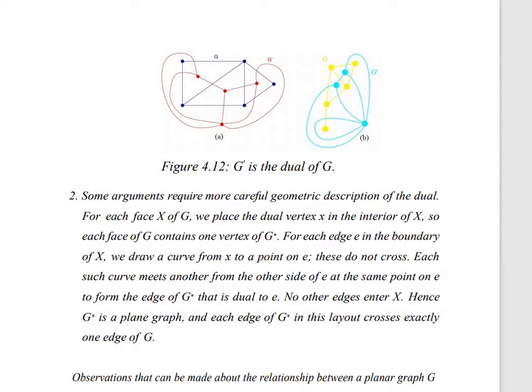Each such curve meets another from the other side of E at the same point on E to form the edge of G star that is dual to E. No other edges enter X. Hence, G star is a plane graph and each edge of G star in this layout crosses exactly one edge of the graph G.